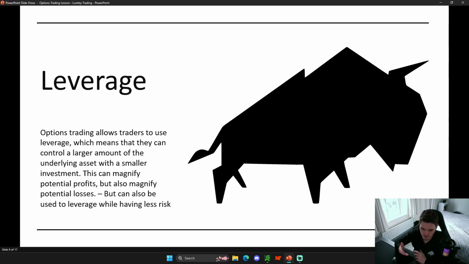But that's another benefit I find to the options market. You can get a lot of the upside leverage, but you can still limit your downside. Especially when we were talking about call or put options, let's say JP Morgan stock was at $100. We think it's going to go to 110, but it might pull back $10 before it does that, and I can't sit through that kind of pain.